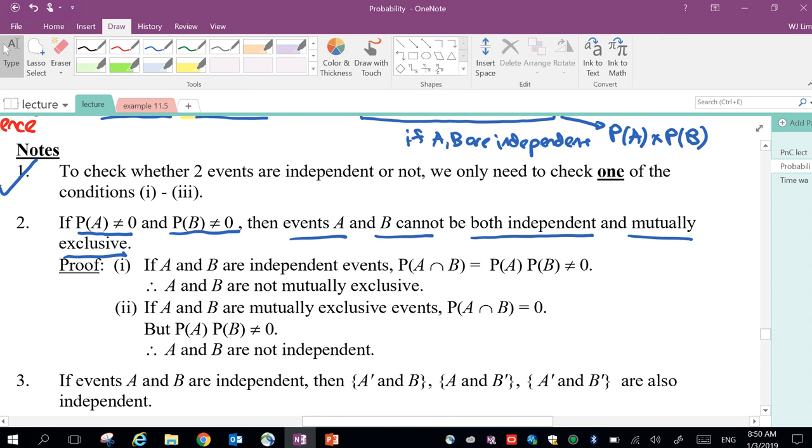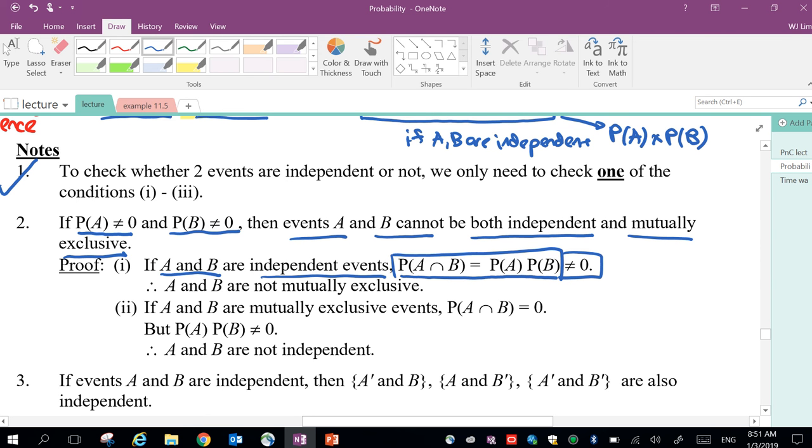This one is just for your own enrichment. If A and B are independent events, what happens? P(A intersect B) is P(A) times P(B). Agree or not? But since each of them is not equal to 0, that means P(A) times P(B) is not equal to 0.